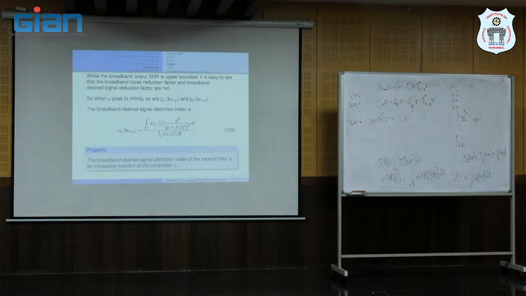When it is an increasing function, I didn't say if it's a linear increasing function. Maybe it's nonlinear. And maybe I can find a good trade-off. How one is increasing and how the other one is increasing. Maybe one is increasing quickly, the other one is increasing slowly in some regions of mu. So maybe I can choose a good value of mu. All these are interesting questions.